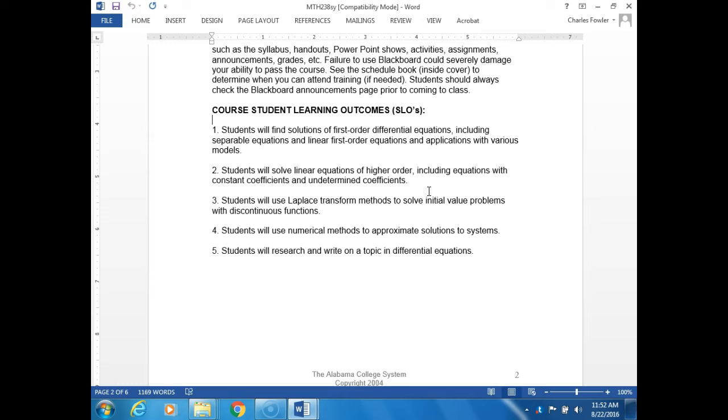Outcome number 3, students will use Laplace transform methods to solve initial value problems with discontinuous functions. That's Chapter 7. Okay? And then students will use numerical methods to approximate solutions to systems. That's Chapter 9. Okay? And students will research and write on a topic in differential equations.